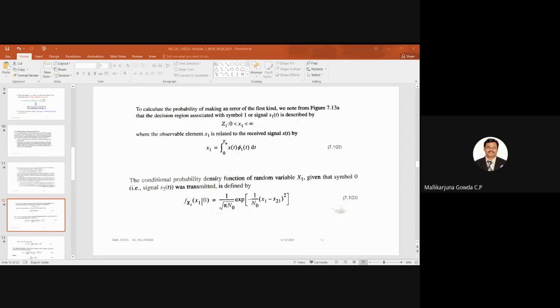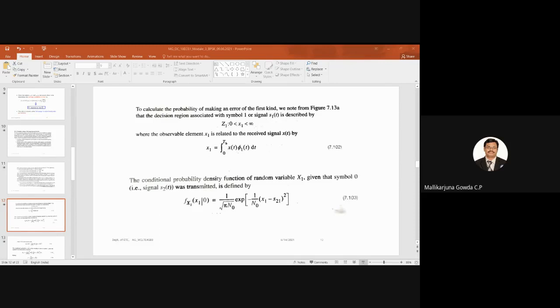Then how do we define the conditional probability density function of the random variable x1, given that symbol 0 was transmitted?